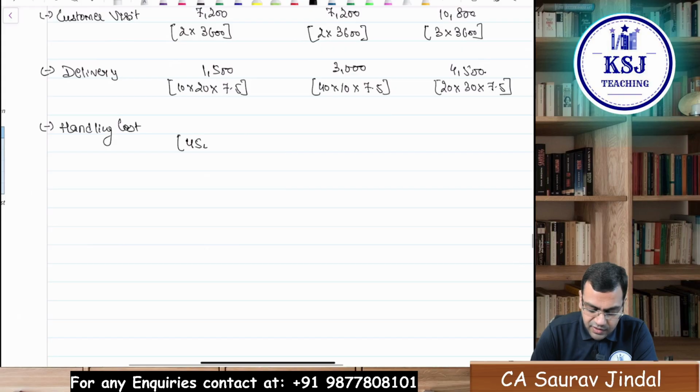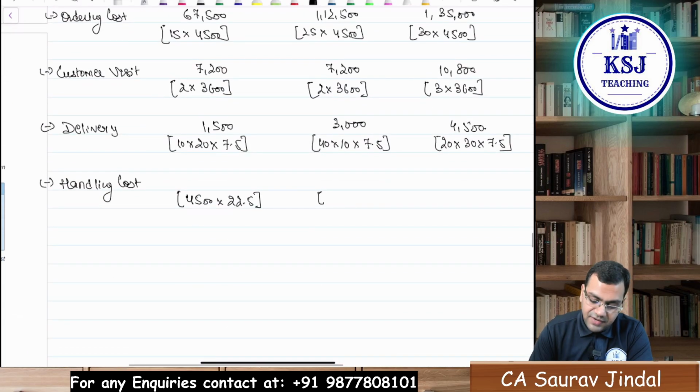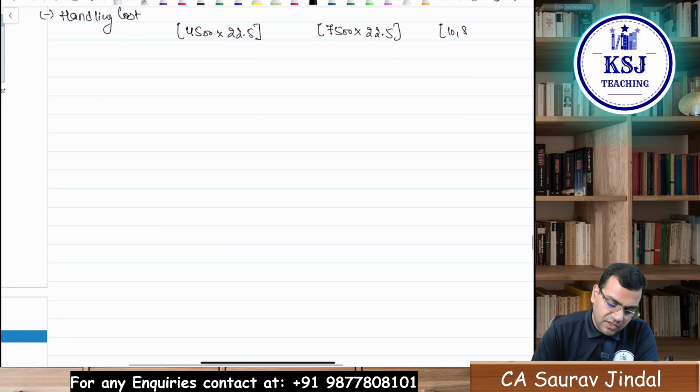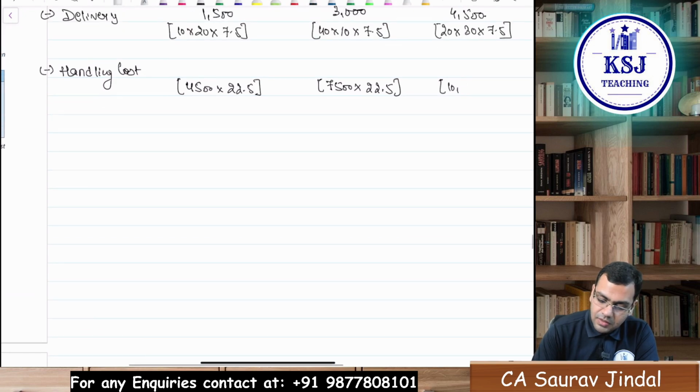So 4500 multiplied by 22.5. Right, and for customer D, it is 7500 units. So 7500 multiplied by 22.5, and here it will be 12,750 units multiplied by 22.5.